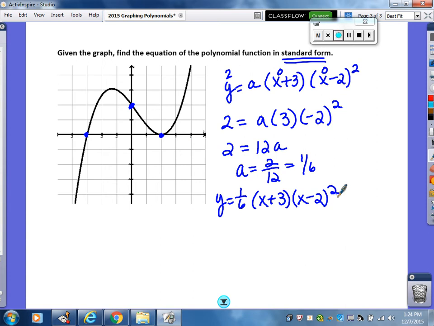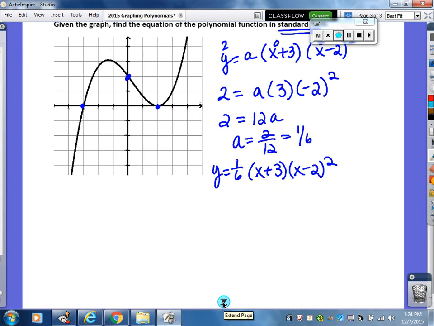Now, you're asked to put this in standard form, so we're just going to have to do the algebra to multiply this out. Alright, so let's do that. I'm going to expand this part of it first. So I've got y is equal to 1/6 times x plus 3 times x squared minus 4x plus 4. I'm going to multiply by the 1/6 at the very end because I have to carry around that fraction.